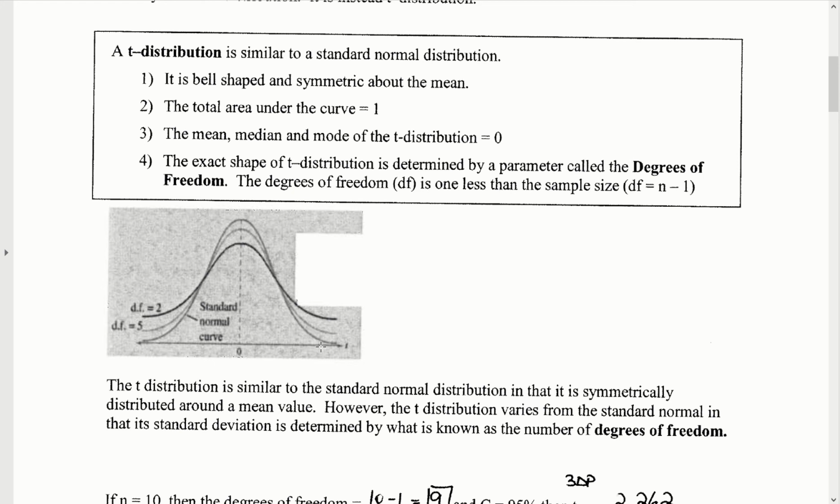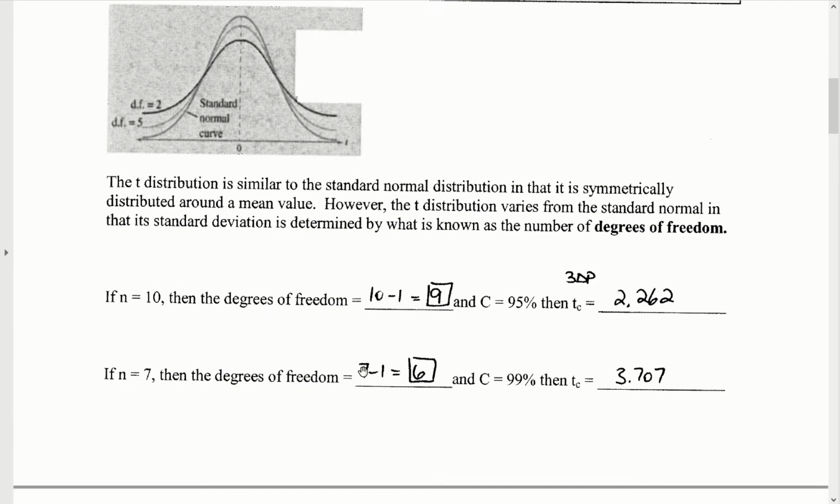As the degrees of freedom increase, the corresponding t distributions get closer and closer to the standard normal distribution, so much so that they're almost indistinguishable once degrees of freedom hits 30. That's why when a sample size is 30 or more, we use the normal distribution. We don't have to resort to the t distribution.